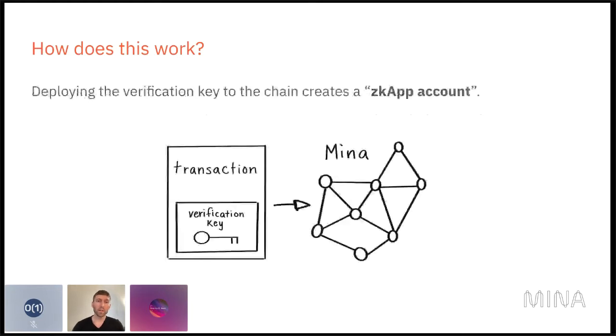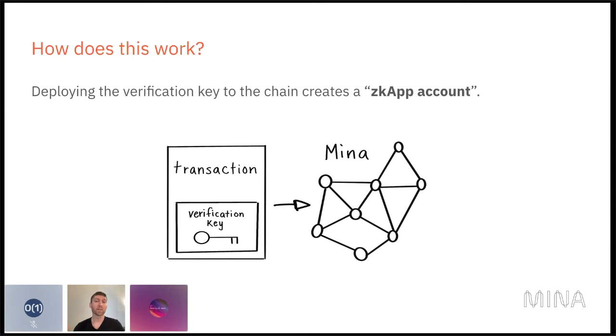To deploy the zkApp, that verification key that we just created is put into a transaction and sent to the Mina network. When you send a transaction with a verification key to a Mina account, we then call that a zkApp account. And it's just a Mina account in exactly the same way, except it now has a verification key, which means that it will only accept transactions that pass that verification key.